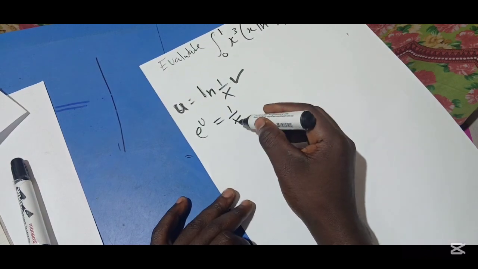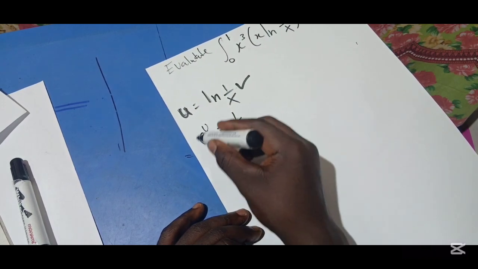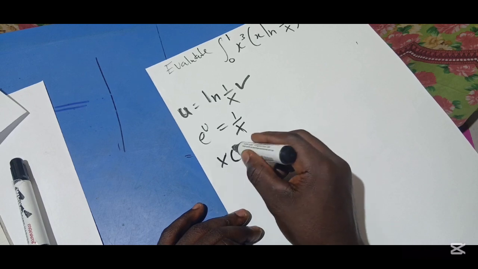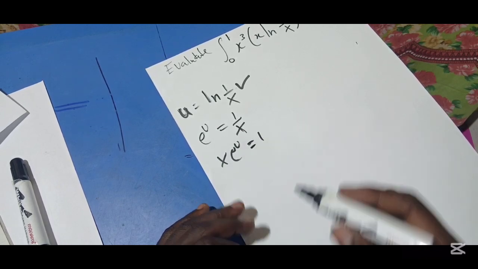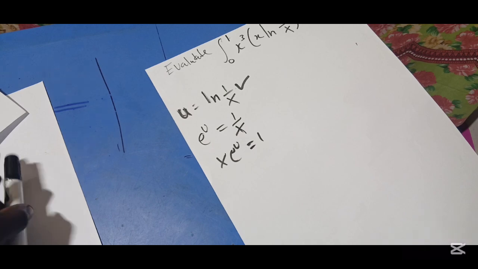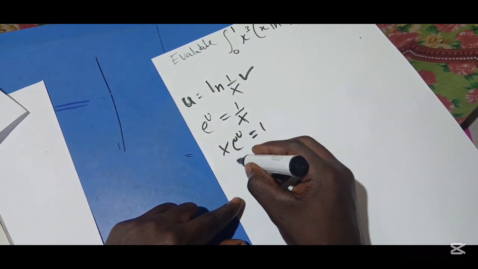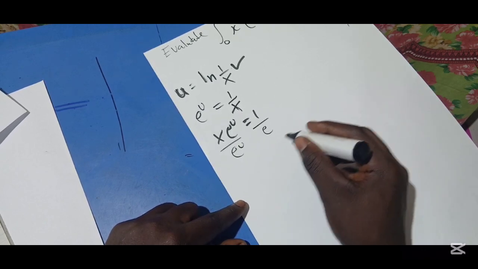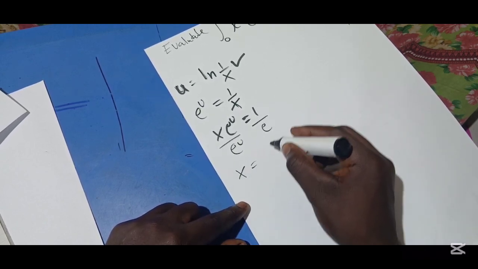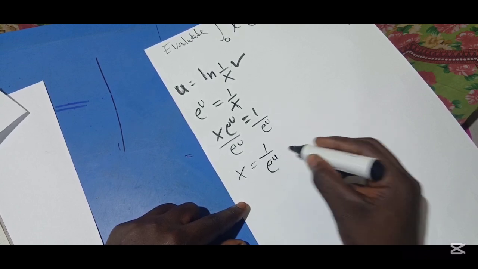So we want to make x the subject. Multiplying throughout by x, we get x e to the power u equals 1. Because we want x, we divide both sides by e to the power u, so we get x to be 1 over e to the power u.